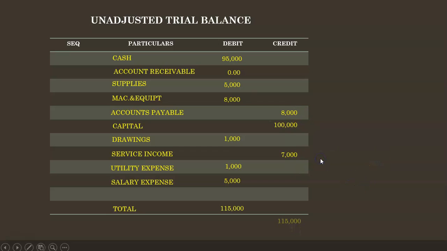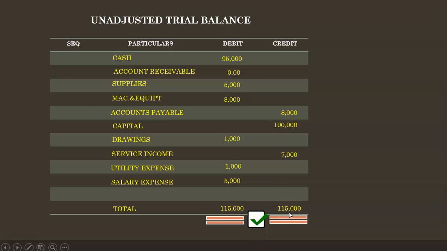Let us check if it is correct. Okay, 115 is correct. So meaning to say, debit 115,000, credit is 115,000. That is equal to balance. Yan, double rule and balance.